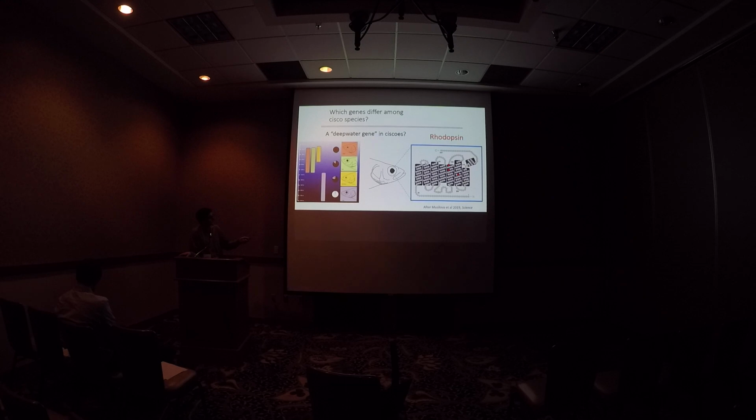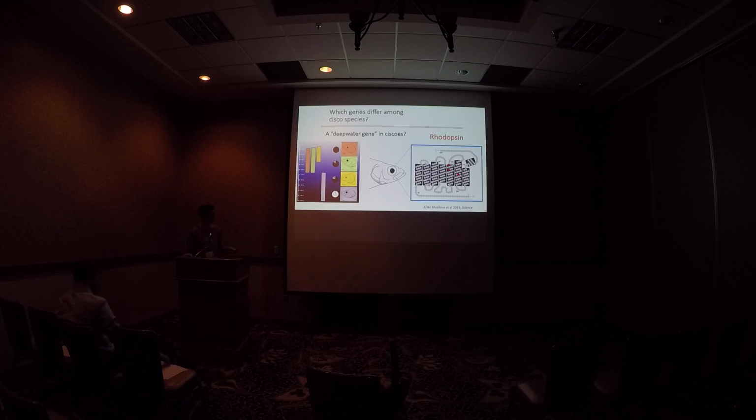The exciting result is that we've identified three changes in this protein that actually affect its amino acid structure. One of these changes, the one that's the most different among these species, is the exact same amino acid change that, completely independently, underlies adaptation to deep water environments in some deep sea fishes in marine systems.